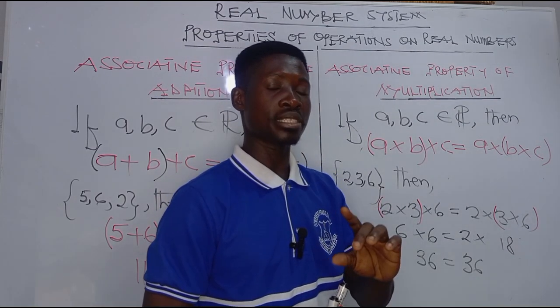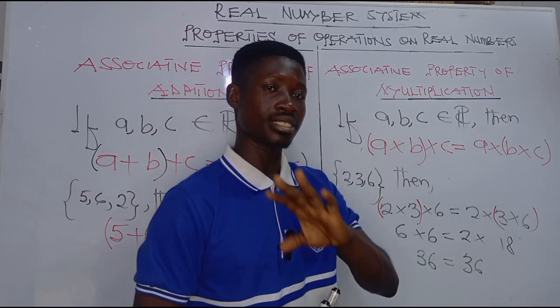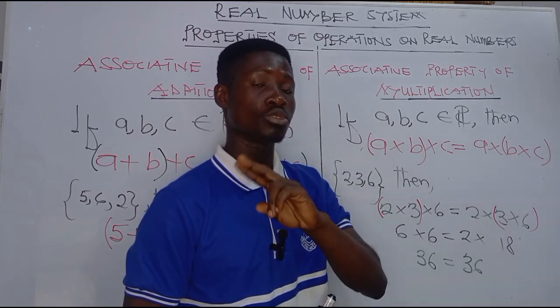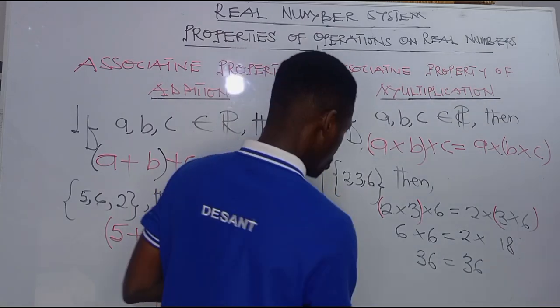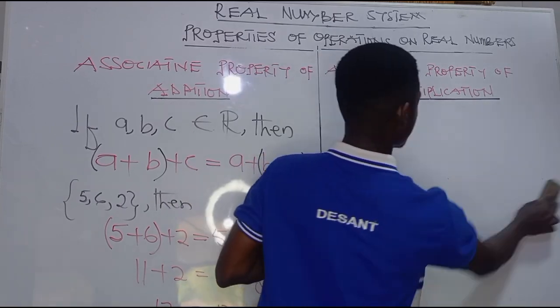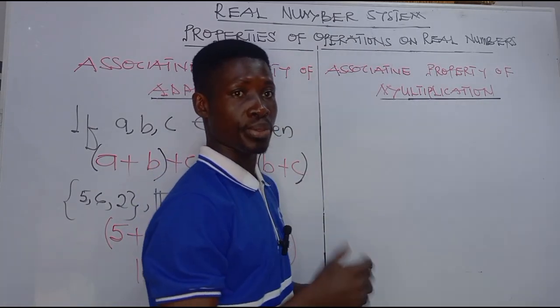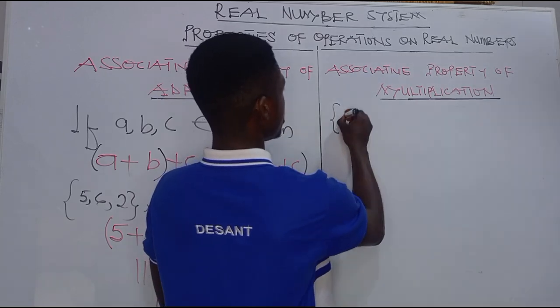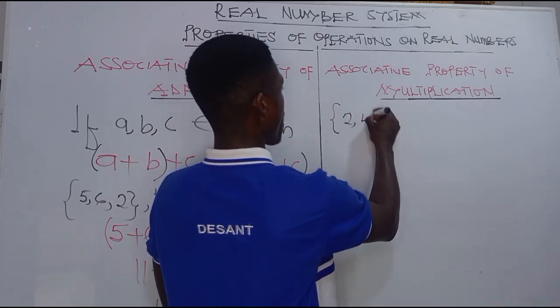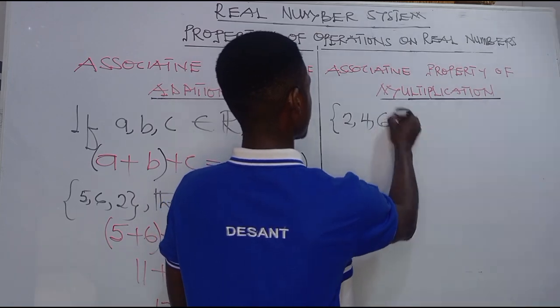Now, the associative property of subtraction and division does not hold. Let's take two examples to verify or prove that. So we are still going to pick three numbers from the set of real numbers. Let's pick 2, 4, and 6.